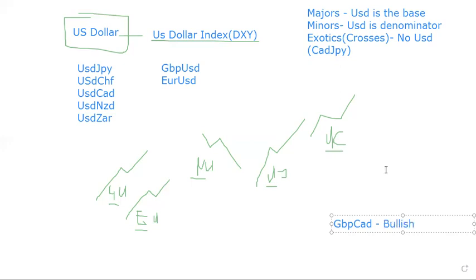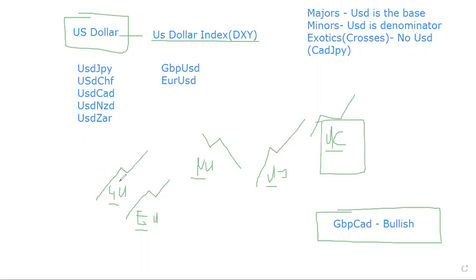So instead of trading GBP USD or USD CAD, if I trade GBP CAD with a prediction of bullish momentum, I'm going to catch so many more pips than I would have trading either USD CAD or just GBP USD alone. Did we get that? I want to hear in the comment section if you understood that.